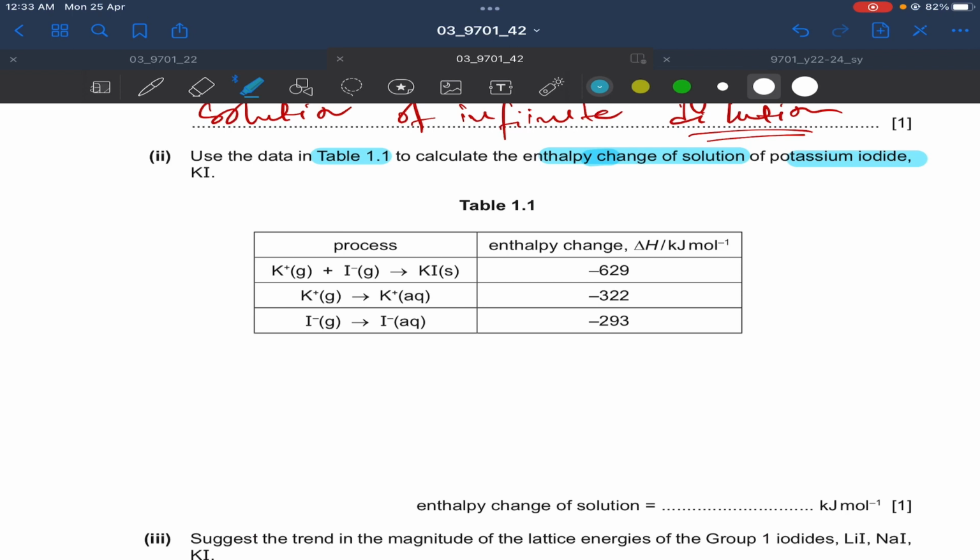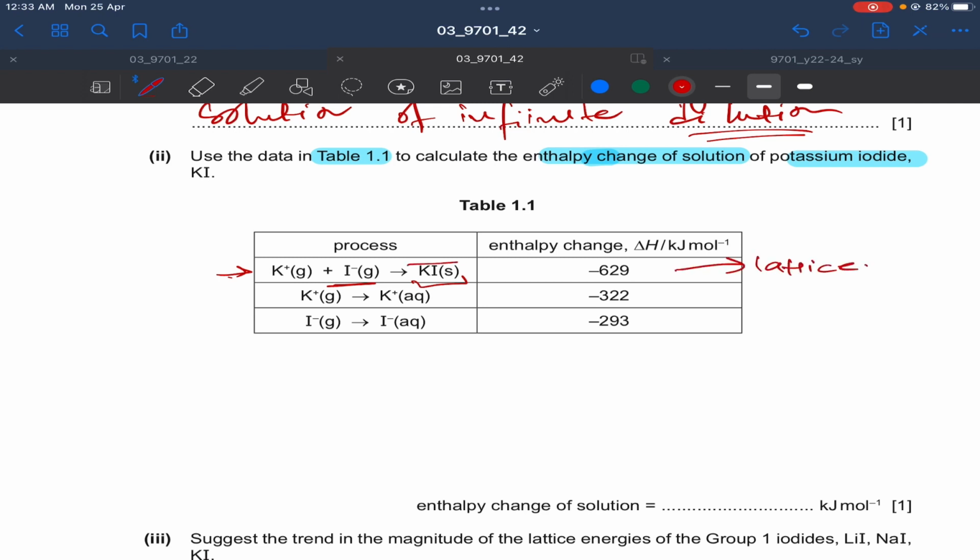Right, now we have to calculate the enthalpy change of solution for potassium iodide, right? The values which we have here in the table: first, gaseous potassium ion and gaseous iodide ion go into KI solid. So this is lattice enthalpy.